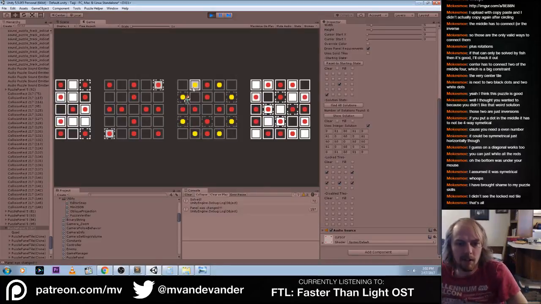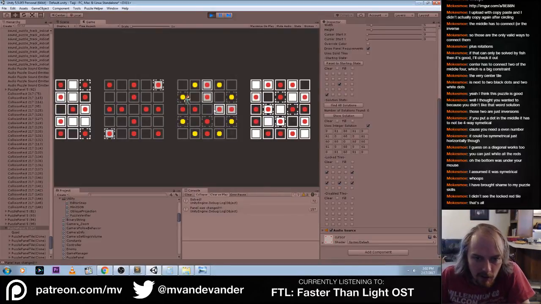I only just made it asymmetrical to see if the solution still held, like if it still had to be done this way.